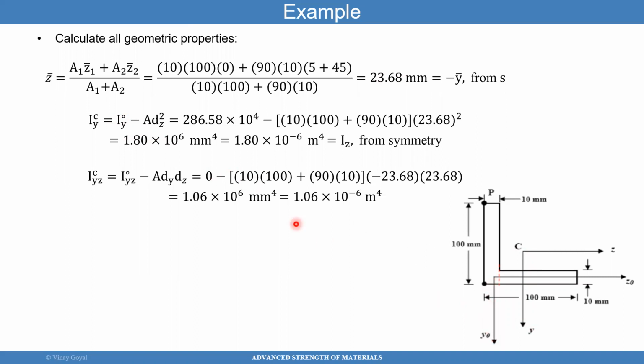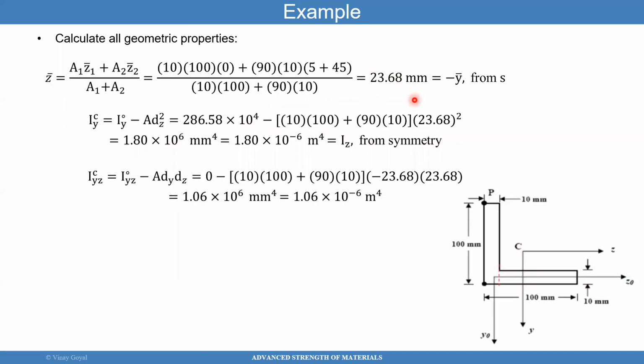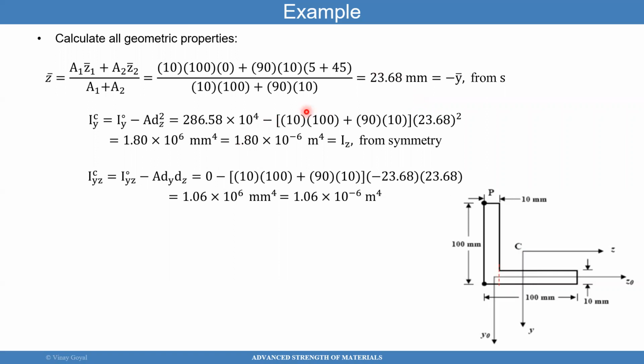And it's given to me for actually the whole part. So in this case, I'm not looking at individual parts. It's giving me the moment of inertia for the whole cross-section. So I know that number, which, you can see, is given to me as 286. So for the whole cross-section, the moment of inertia about y is 286.